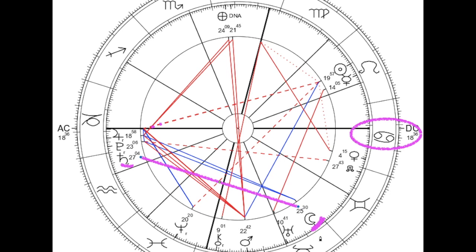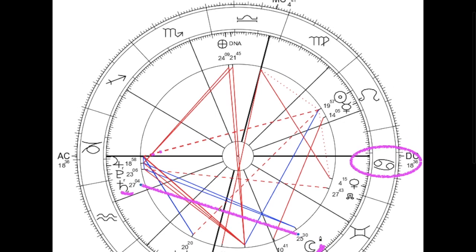The problem I'm having, though, is doing a profile with a horary chart is never quite as accurate as doing it with the event chart. So I'm going to go to the event chart and also do a profile, but we'll just carry on having a look at this first.